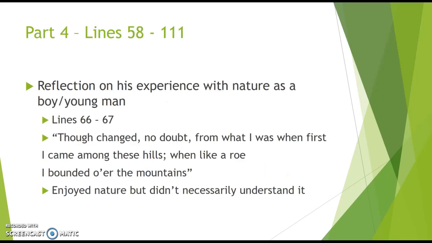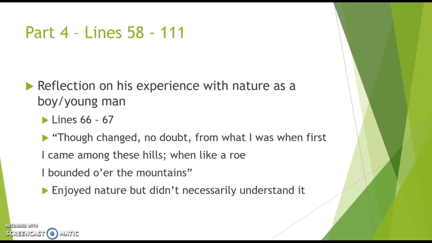The last 2 parts are the longest parts. So part 4 is lines 58 through 111. And it begins as a reflection on his experience with nature as a young boy. And in lines 66 through 67, he says, "Though changed, no doubt, from what I was when first I came among these hills, when like a roe I bounded o'er the mountains." And a roe is a baby deer or a doe.